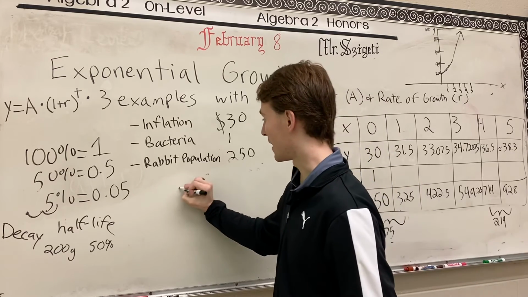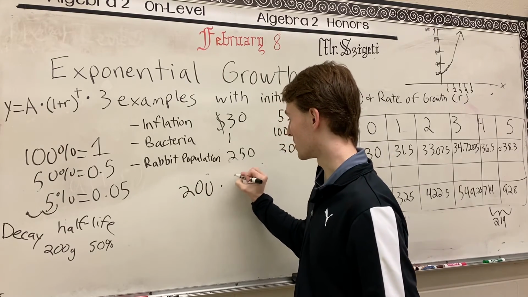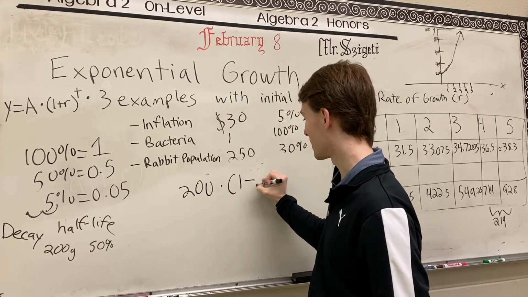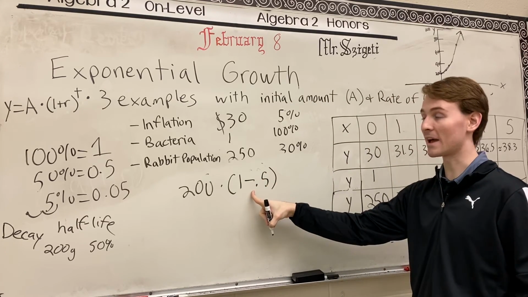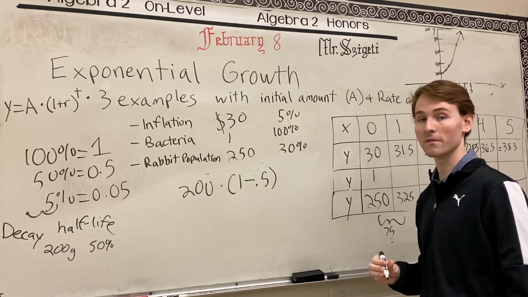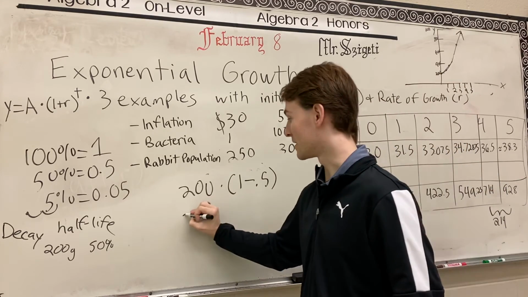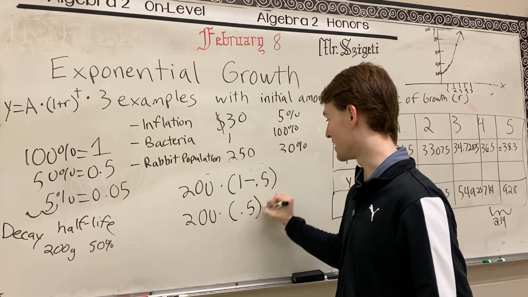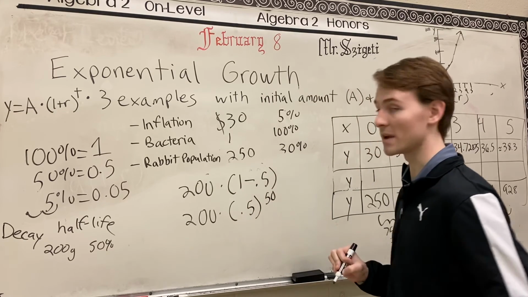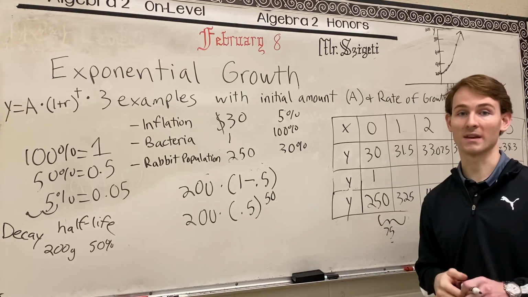So now we have our 200 and we multiply it by 1 minus 0.5. So that's how we get a number less than 1, because instead of adding for growth, we're taking away for decay. So same thing if we wanted to go ahead and calculate that for 50 years down the road, we would just raise it to that particular exponent and go ahead and calculate.